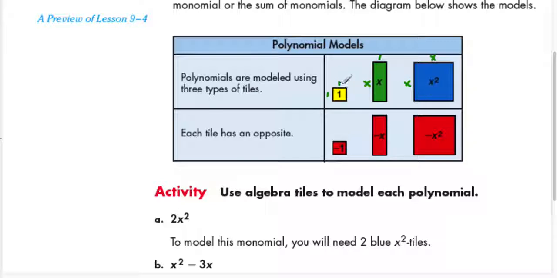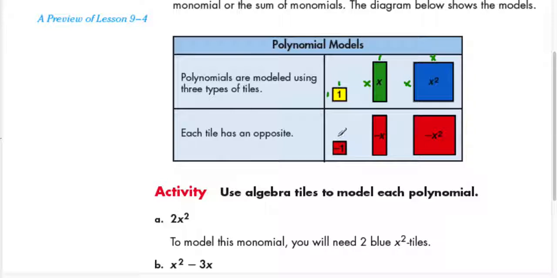Now it is important for you to remember the length and width of the x tile, the unit tile, and the x squared tile, because later on when we start adding and multiplying polynomials, that will come in very handy. Each of these tiles has an opposite. The opposite of the unit tile is the -1 tile.